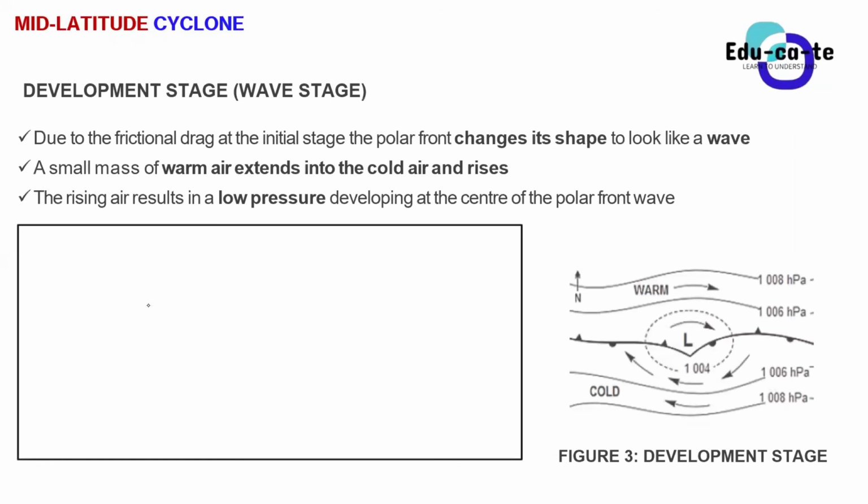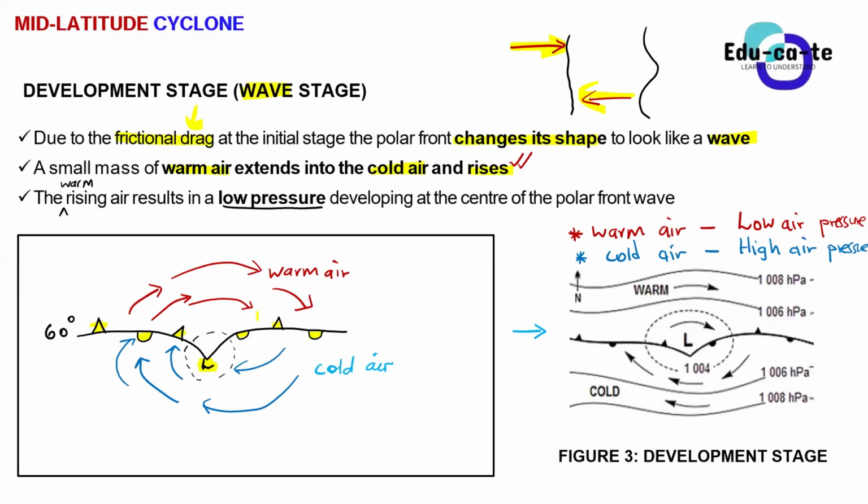It's not heavy. So warm air is the one that is likely to just blow away into the cold air rather than the cold air doing that. Cold air doesn't really do that because cold air is dense, it is heavy, it's not easily blown away. So it cannot just easily blow into the warm air. That's why here we just say a small mass of warm air.